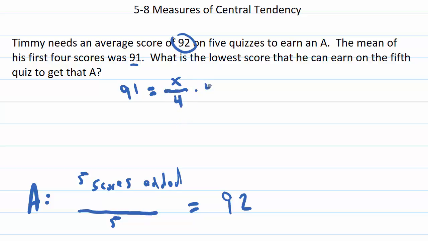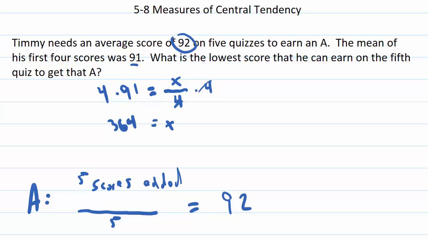Multiplying both sides by 4 to unravel, because multiplying by 4 is the inverse operation to dividing by 4, 4 over 4 is 1. So I get x equals 364. So he already has 364, we'll call them total points.